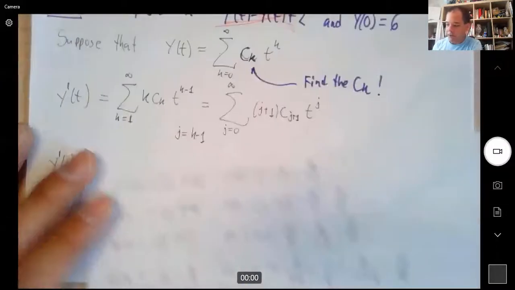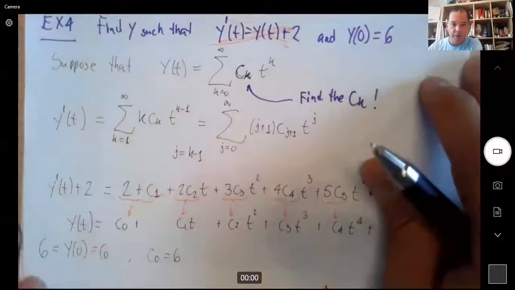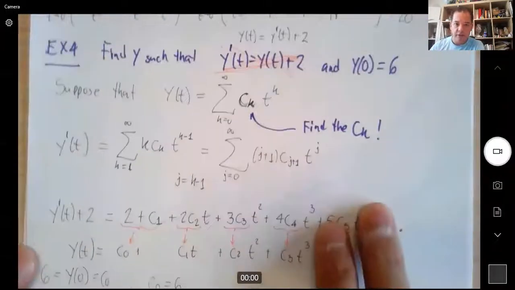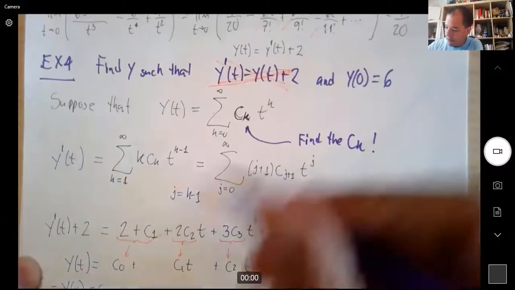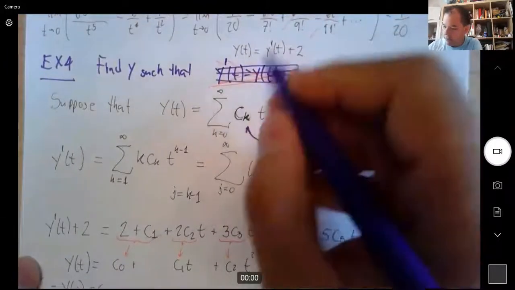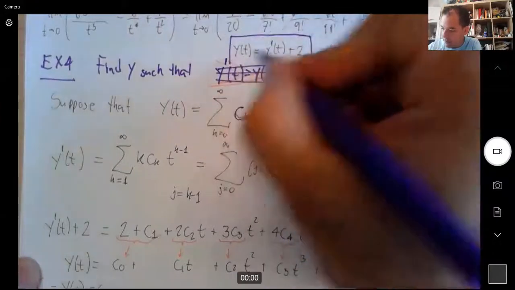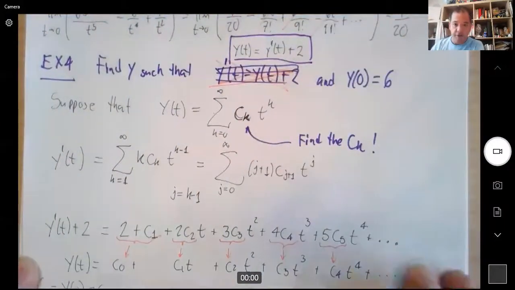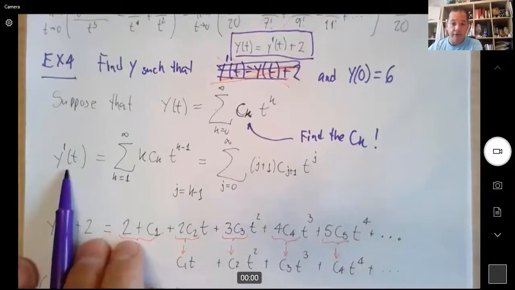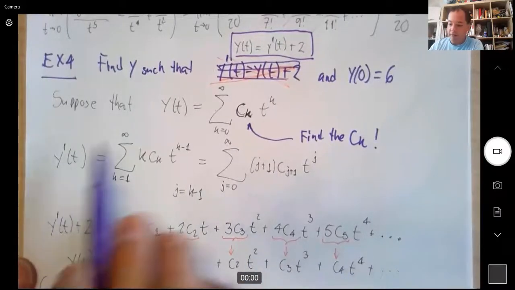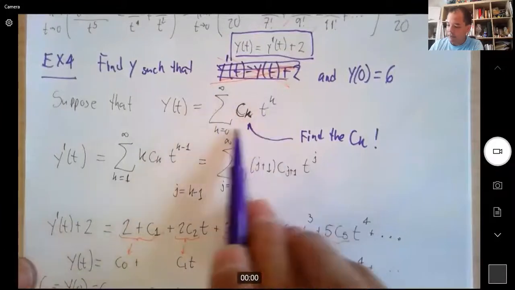So let's go back to this part over here, right? So remember, we're not doing this anymore. So we're doing this, y equals y prime plus 2. So here's what I did. I first calculated the derivative, right? So to calculate the derivative, you just take the derivative of the terms.